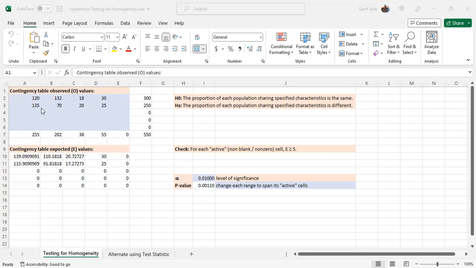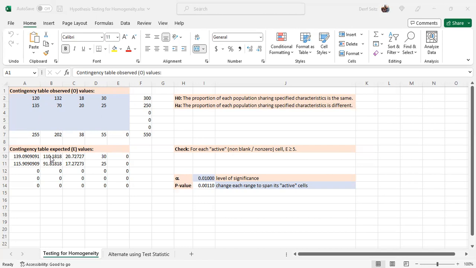The blue area is set up to allow 5 rows by 5 columns. This example uses 2 rows by 4 columns, and it's important that the unused inactive cells are blank, which will result in zeros in the corresponding expected value cells.